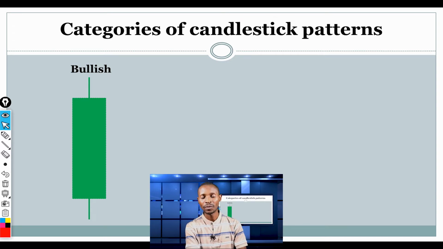Therefore, that is why we have two categories of candlestick patterns. Category number one is what we call the bullish candlestick pattern. These are the candlesticks which stand for people who are trying to buy the market.